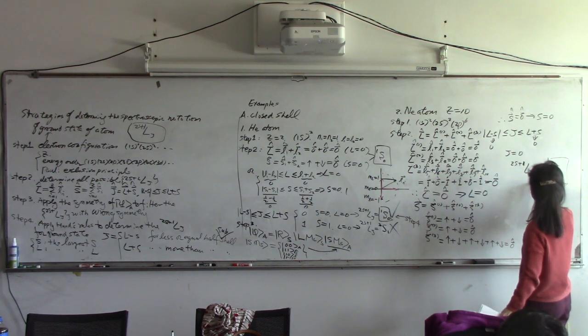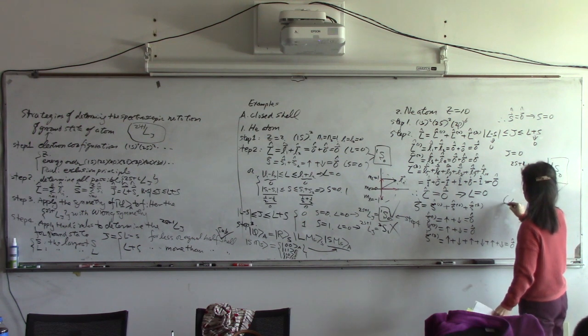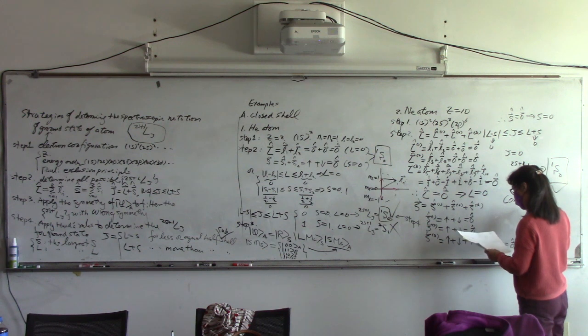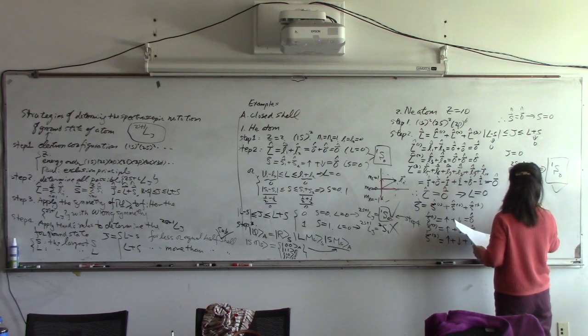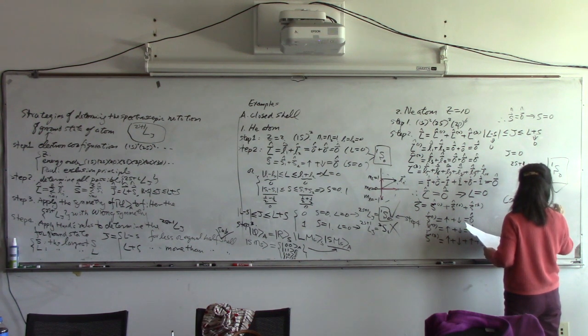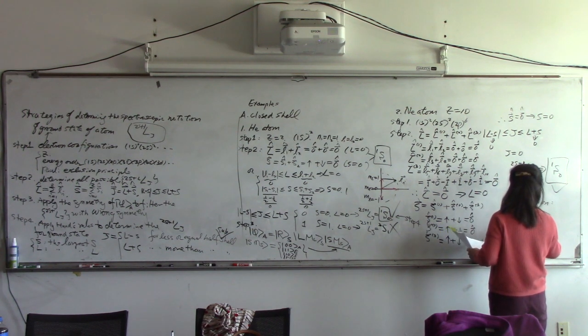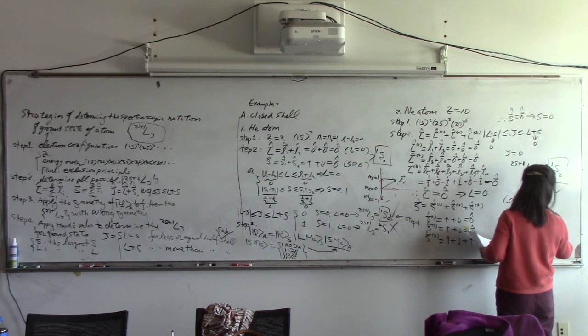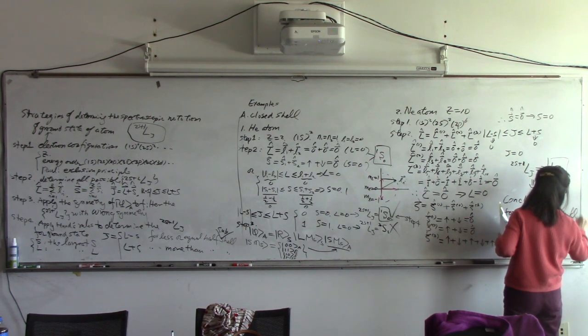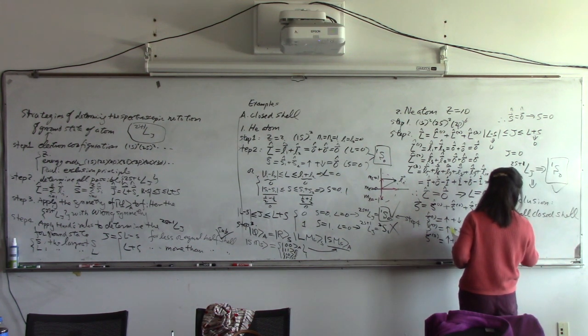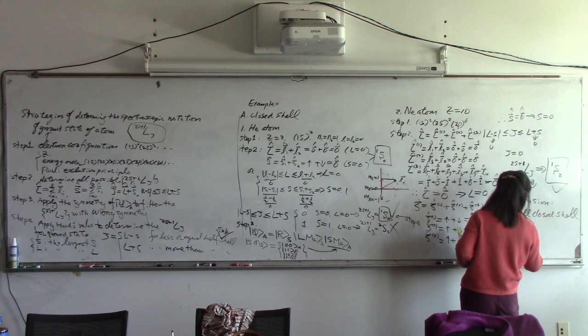So now the conclusion. From these two examples, we can extend to all closed shells, whatever the number of electrons, the spectroscopic equation is always this one.